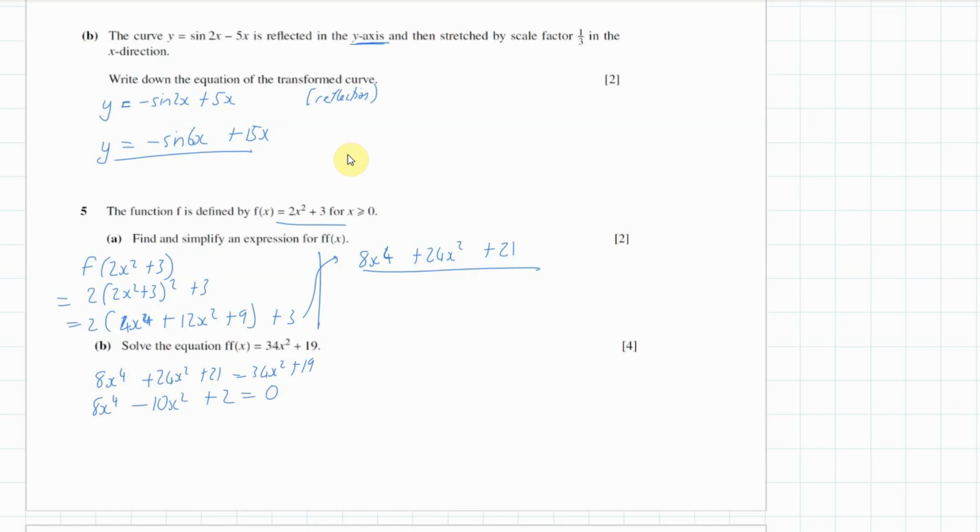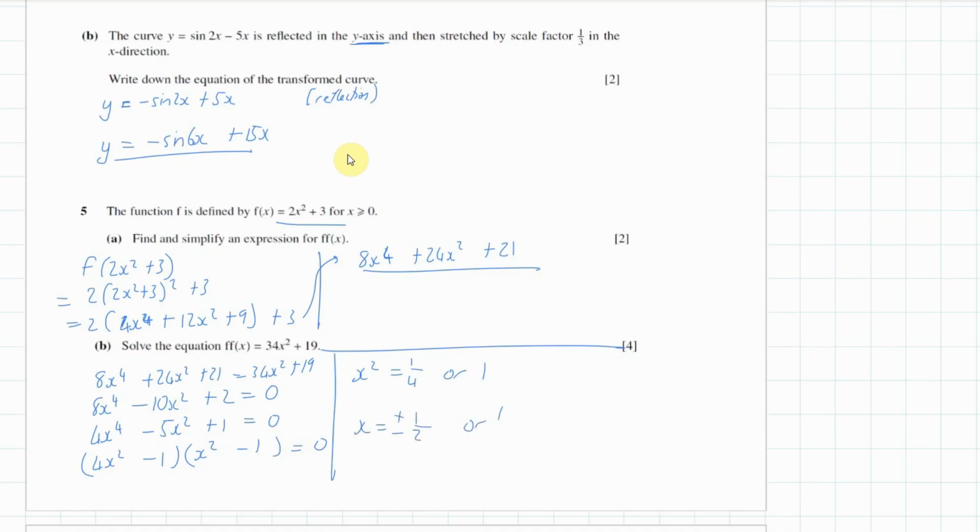I guess we could divide everything by 2, so we get 4x to the power of 4 minus 5x squared plus 1 equals 0. And I guess we could go 4x squared, bracket, bracket, equals 0, put an x squared here, go minus 1, like that. I think that works. Minus 4, yeah. Okay, so x squared equals 1/4 or 1. So x equals, I guess, plus or minus 1/2 or plus or minus 1.